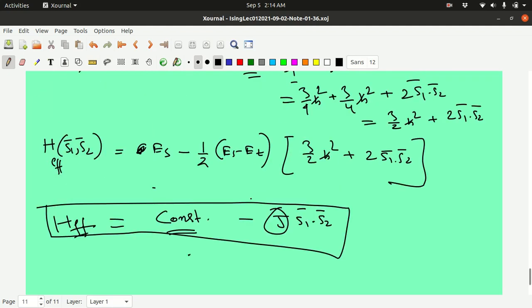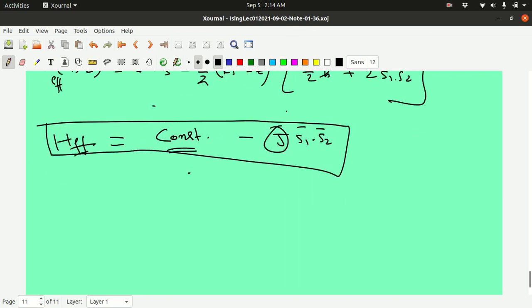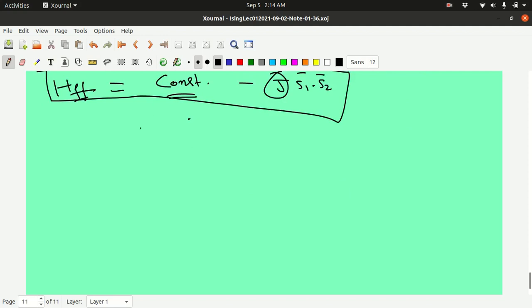Next, I will be talking about the 1-dimensional and 2-dimensional Ising model Hamiltonian. In 1 dimension, this term will look like J into S_i S_(i plus 1), and the sum will be over all the nearest neighbors.